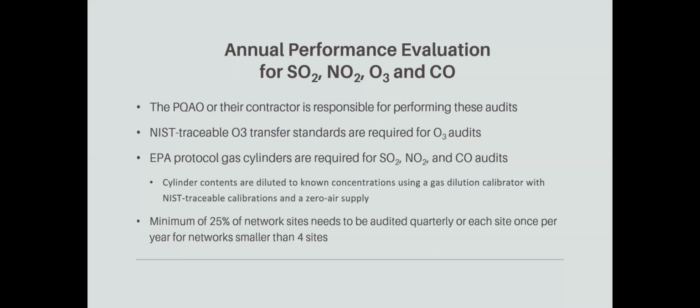And then obviously we need our EPA protocol NIST traceable gas cylinders for our sulfur dioxide, nitrogen dioxide, and carbon monoxide audits. Those cylinders are diluted to known concentrations using a gas dilution calibrator and a zero air supply. The requirement is that 25% of your network needs to be audited quarterly, or each site once per year for networks smaller than 4 sites.